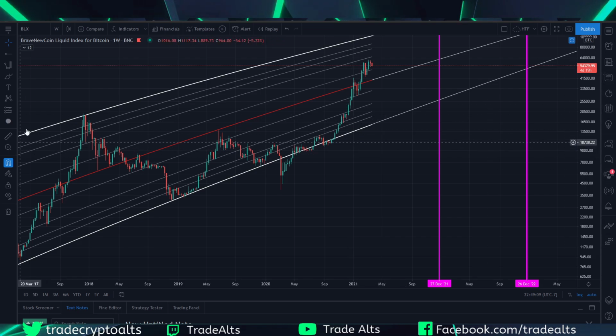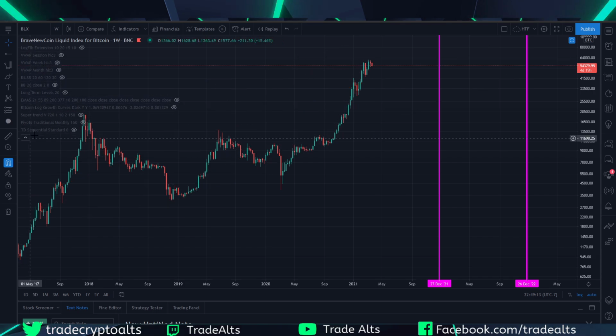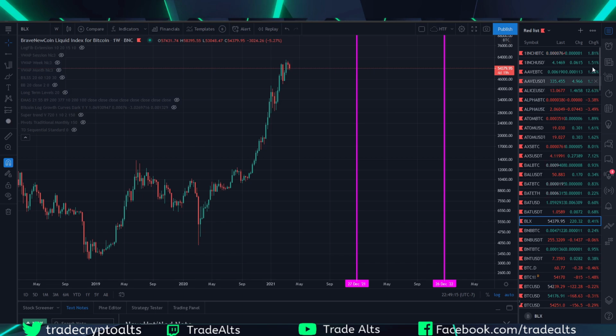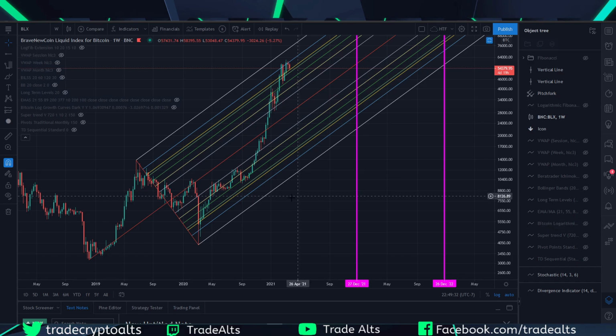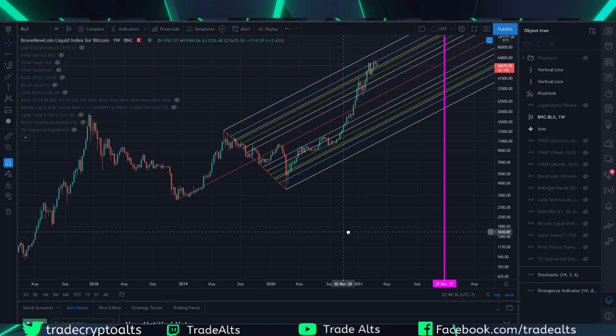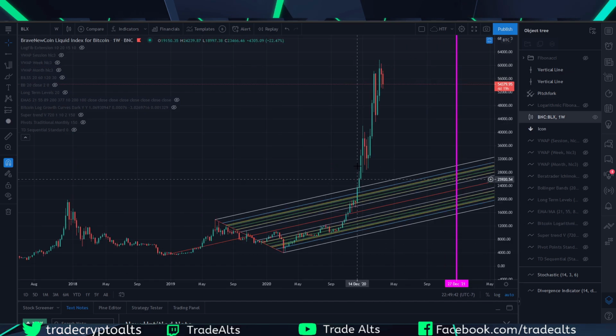So if I turn this off, I'm going to turn on another tool that I like to use, and that is my pitchfork. Again, the pitchfork is also in log scale, and the reason why I use log scale is because it's much easier to view price action when you have incredibly volatile moves. Otherwise, it looks like this, right?